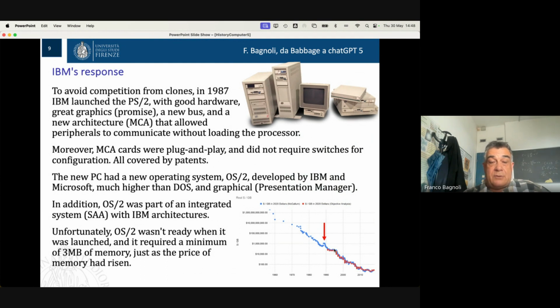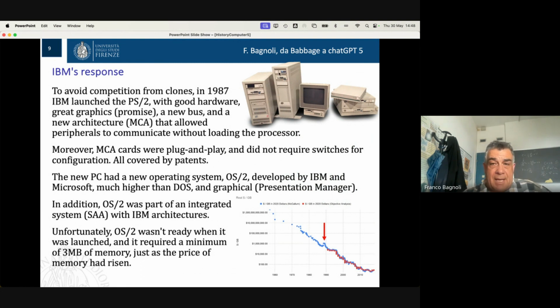And it also had bad timing because this system needed at least 3 megabytes of RAM. And you can observe exactly at launch the prices of RAM had a sudden rise. So essentially this hardware, which was good, was too expensive.